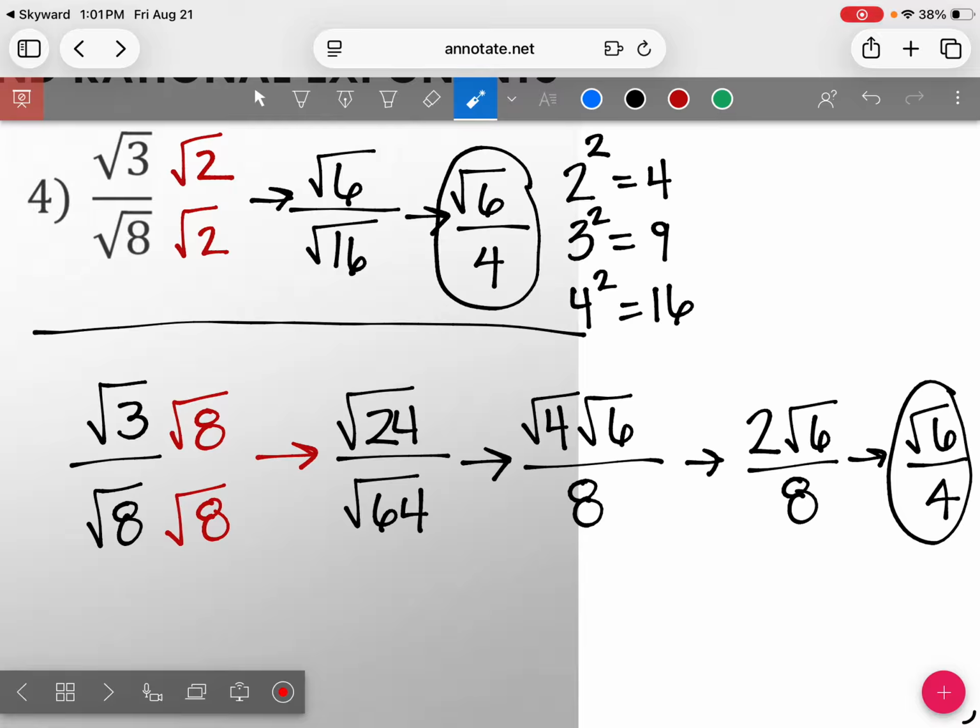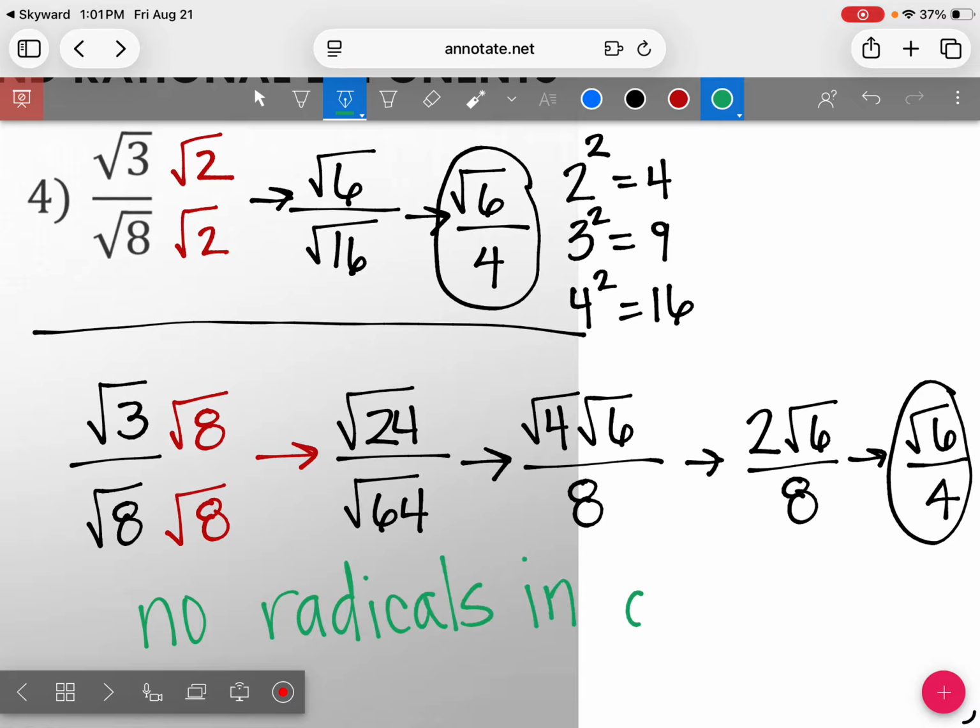But again, let me write this in your notes. No radicals in the denominator. That's so important. We cannot leave a radical in the denominator.